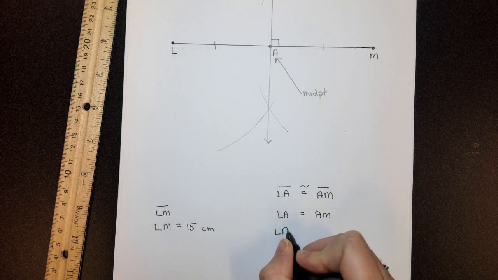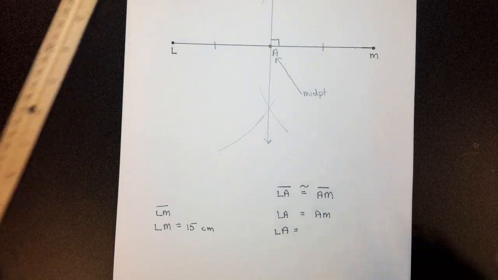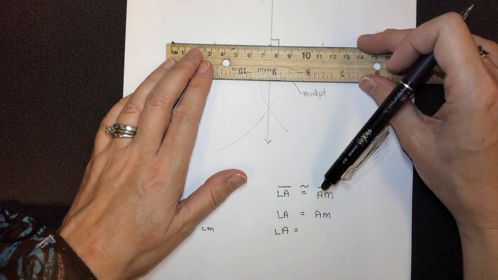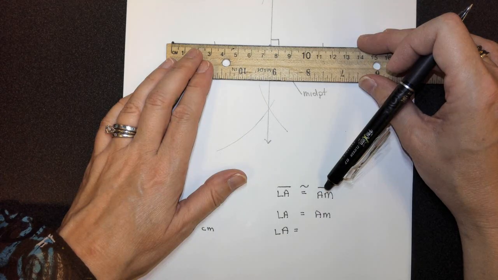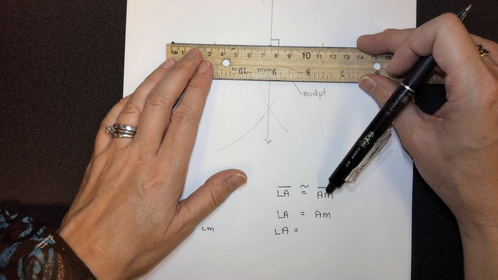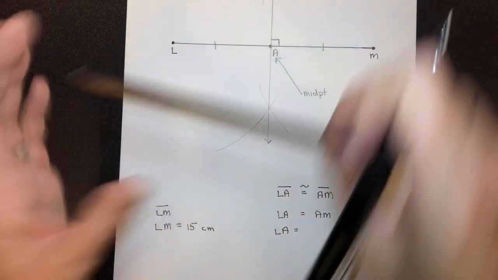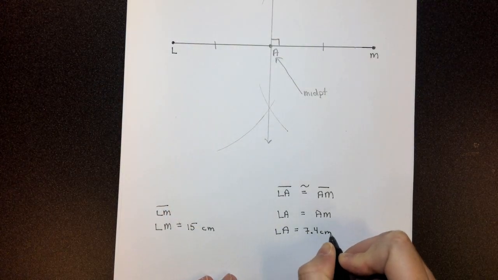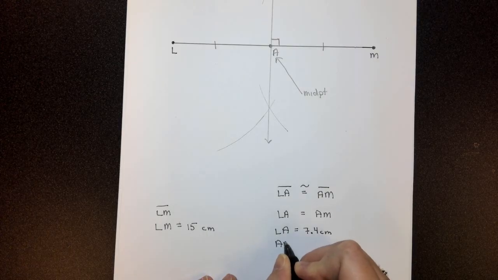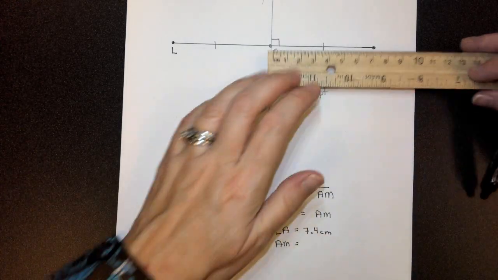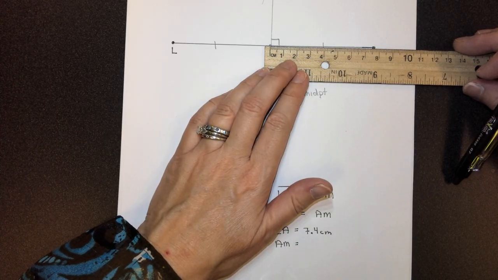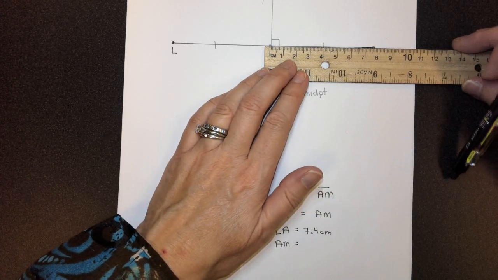The length of LA equals, again in centimeters, I'm hoping this works out, about 7.4, looks like maybe, close enough, 7.4 centimeters, and AM is equal to about 7.6.